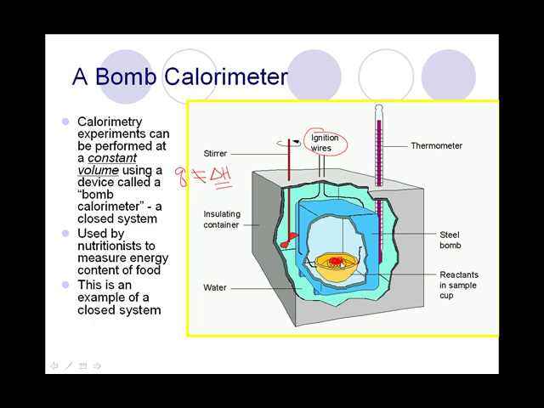And as the food burns, it gets warmer in the smaller container. And as the smaller container becomes warm, the water outside of the smaller container becomes warmer, and they measure the temperature rise of the water outside of the smaller container. So here's my thermometer.